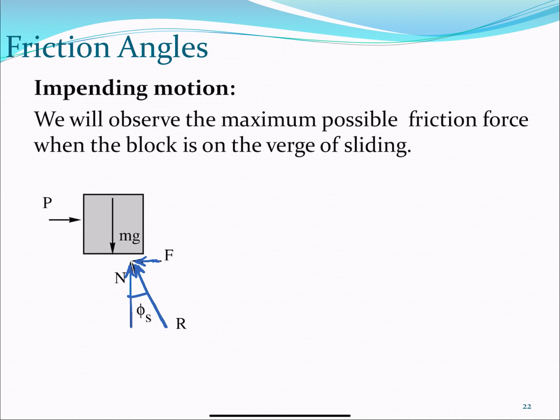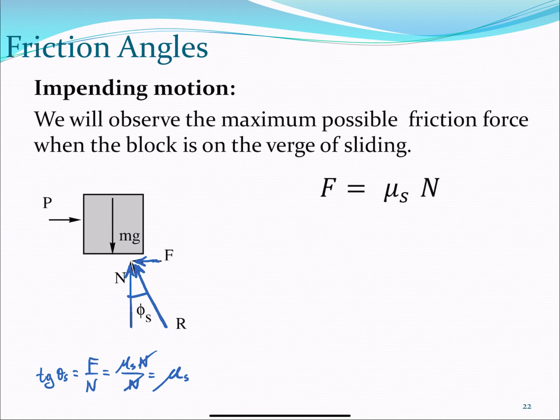The angle of that resultant force can be obtained easily: the tangent of the angle is equal to F divided by N. And if F is, in the limit, the coefficient of static friction times the normal force, divided by the normal force, then the tangent of the angle is equal to the coefficient of static friction.